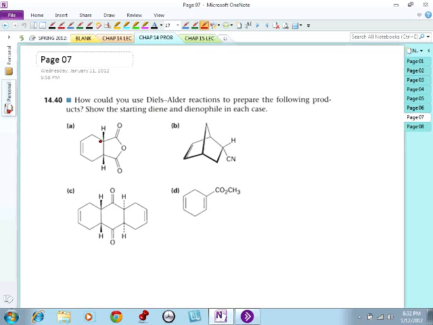Which four carbon double bond? Okay, oh, I see. Cut it in half? Which one? This one here? Okay, what do you mean by cut it in half?